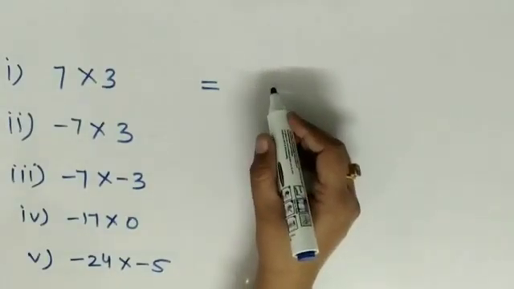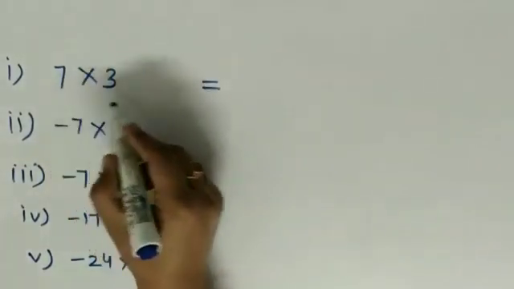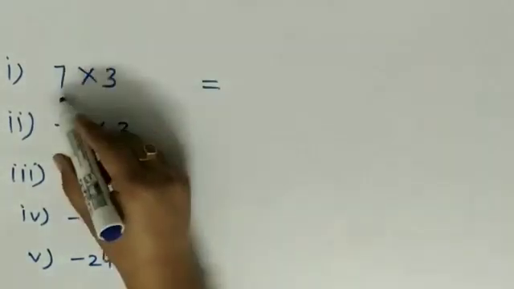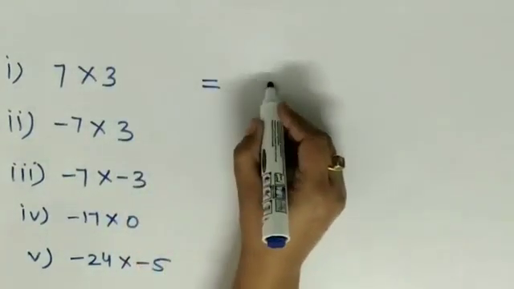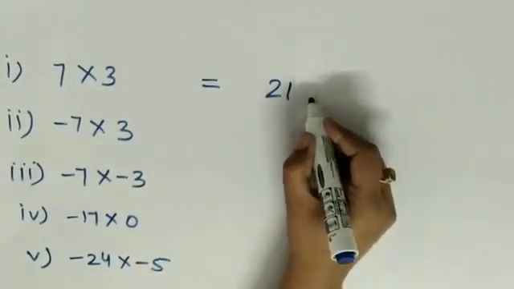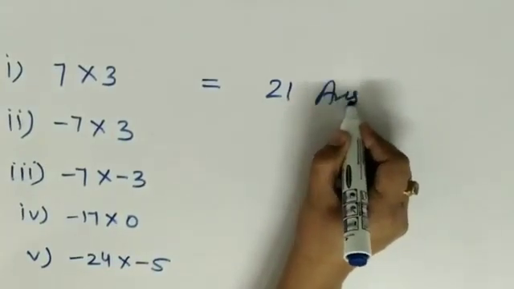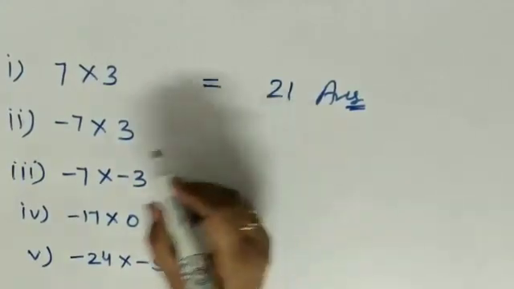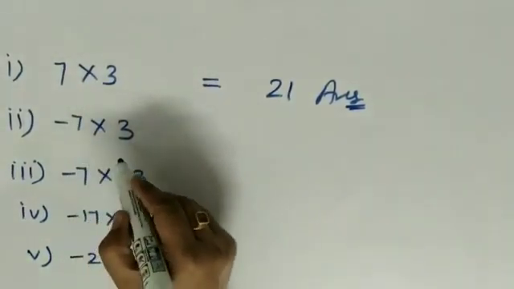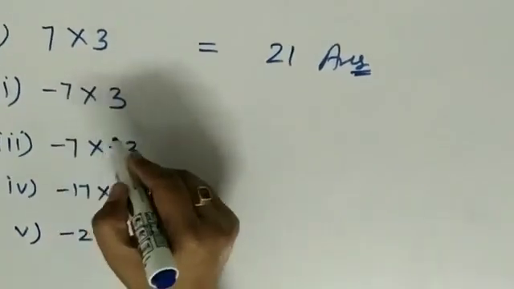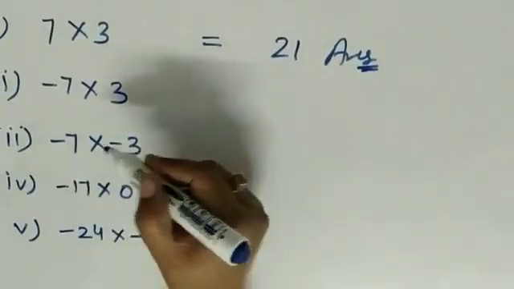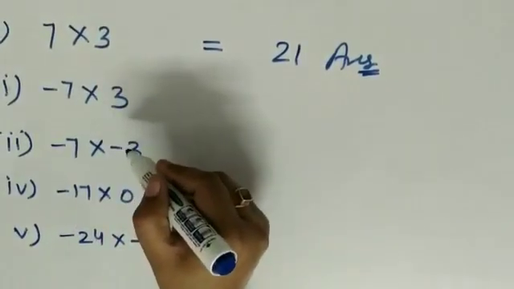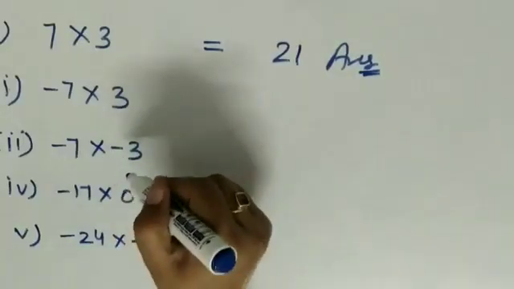So in answer 1, both positive integers, 7 into 3 is equal to 21, answer will be positive. Answer 2. Now one negative and one positive integer, both multiply, so I will multiply the numbers and I multiply the signs also.